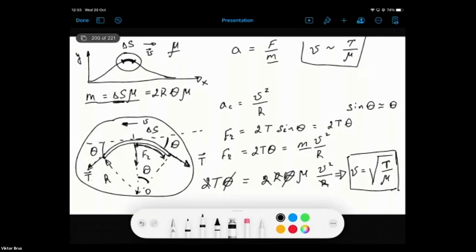But the thing is that we consider how fast this mechanical disturbance, like a pulse, for instance, can move when we create it in a string. So let's consider we have some direction of propagation of this mechanical wave or pulse, and that defines how fast this pulse can move along this direction. And that is also along the string, because that's the direction in which the string is stretched.